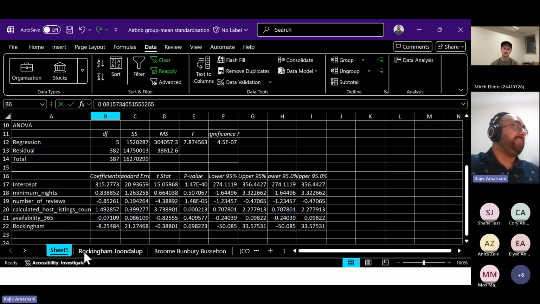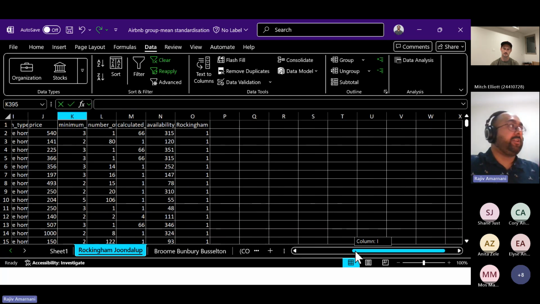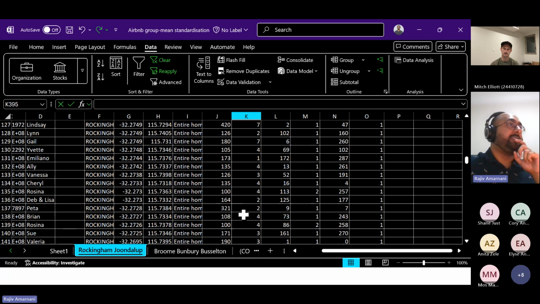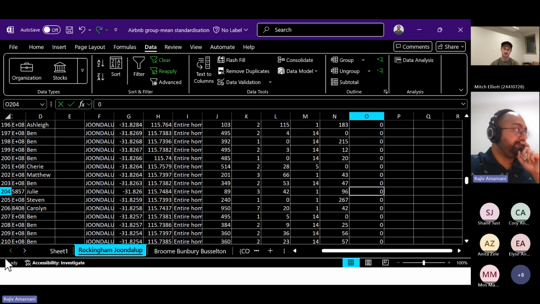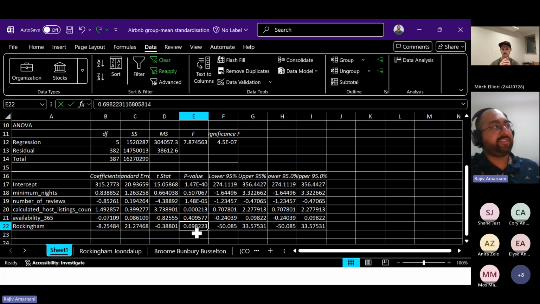We have our dummy variable here called Rockingham, where properties in Rockingham are coded 1 and properties in Joondalup are coded 0. As we see here, properties in Rockingham are $8 cheaper, but it's not statistically significant, so it doesn't seem to have an effect.